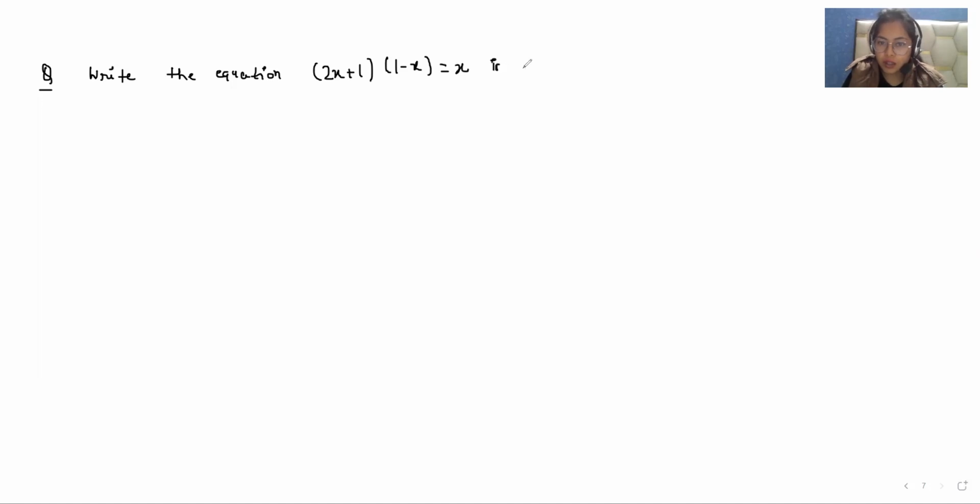And you have to write in standard quadratic form. How can you write it? This does not look like a quadratic equation in the form of ax square plus bx plus c equals 0. First, we have to make it like this. So how can we make it? Write it.